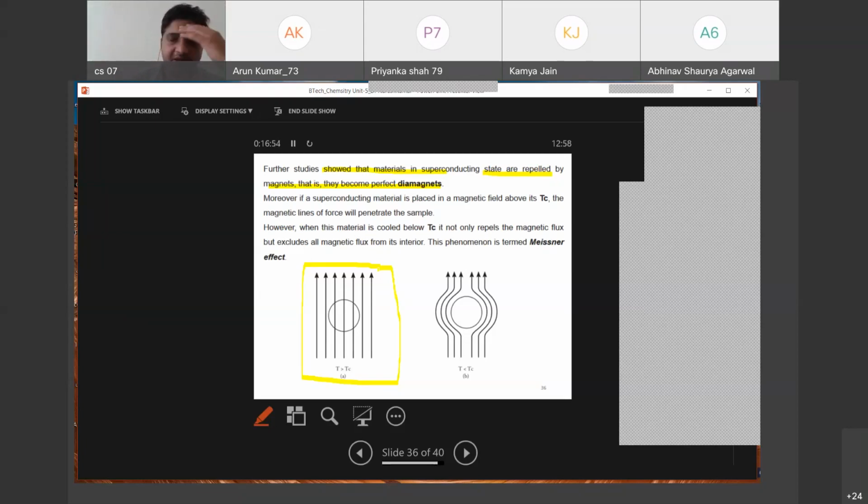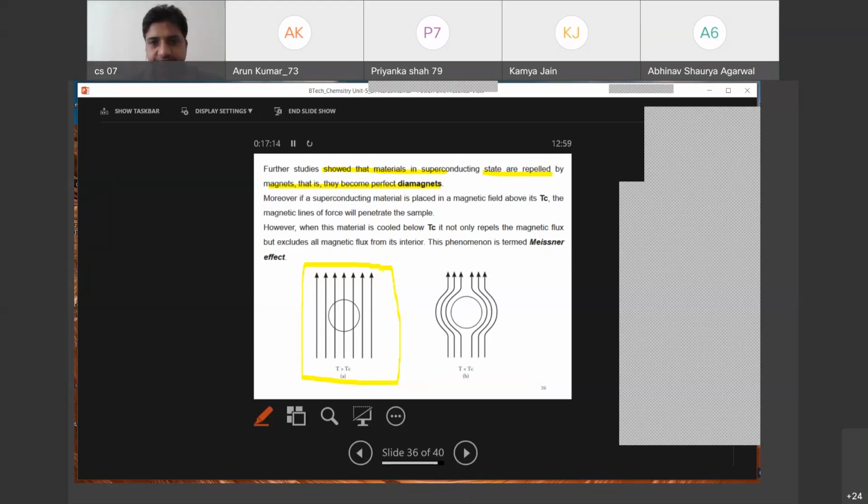If the metal is below the critical temperature, it will be present in its superconducting state. If the metal is present above its critical temperature, then it is not behaving like a superconductor. So this you have to remember.